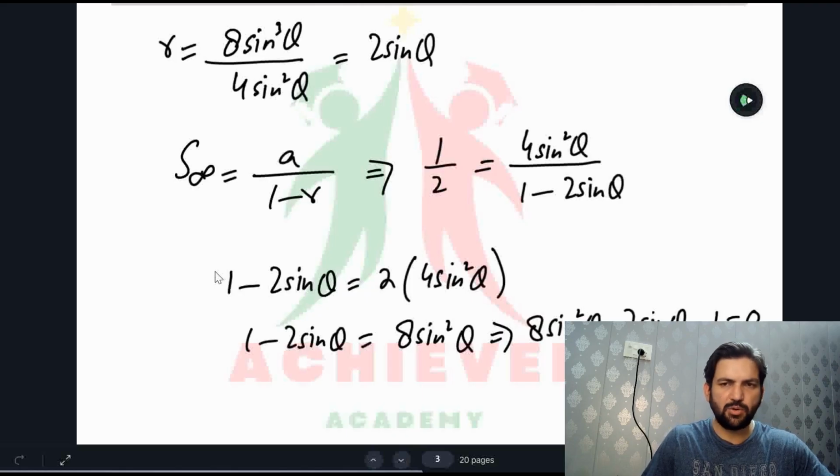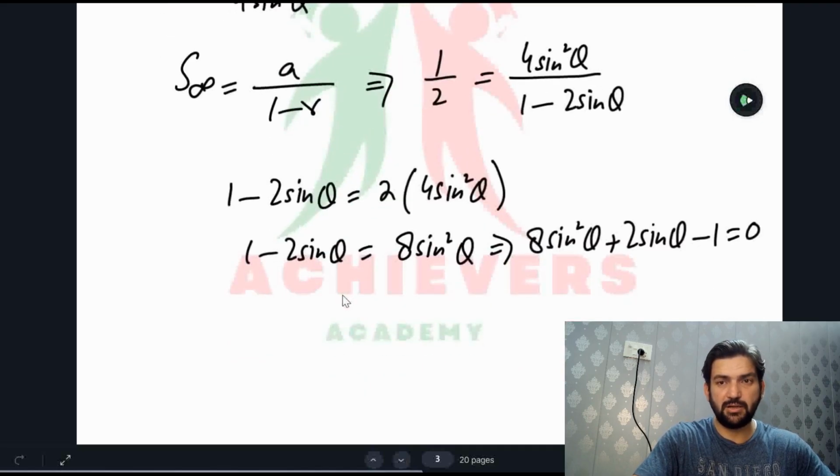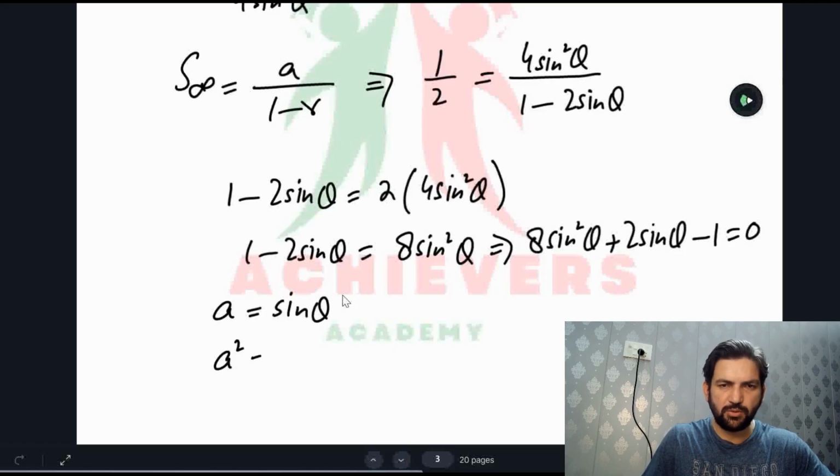So this will be a quadratic equation, and we can easily find the value, but keep one thing in your mind: if you solve it directly using the calculator, you will get no marks. So let's say a is equal to sine theta, then a square will be equal to sine square theta.